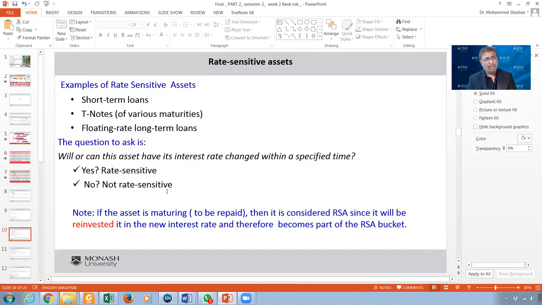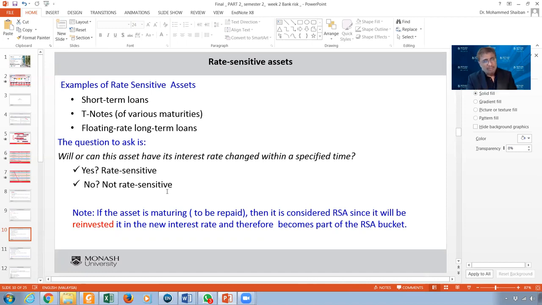Later on, I will show you, if I have a loan that will end in 2 years and it is fixed, and I'm trying to calculate those 2 years' risk-sensitive dollar gap, if I put this in a bucket or horizon, when it matures, then it becomes a risk-sensitive asset, because when it matures it ends.